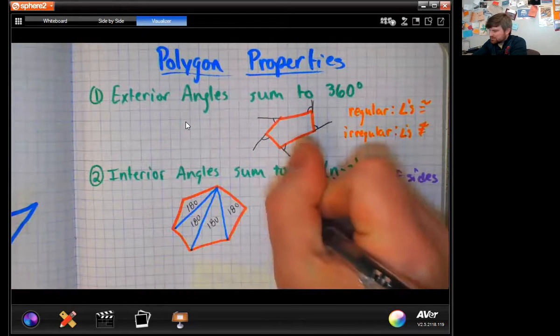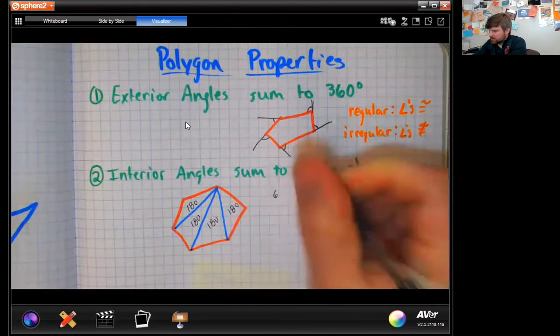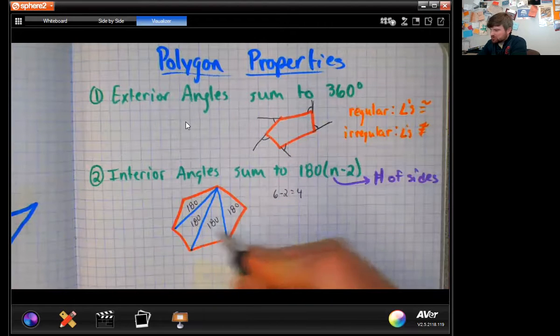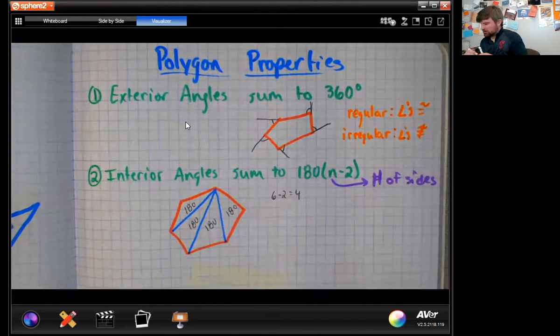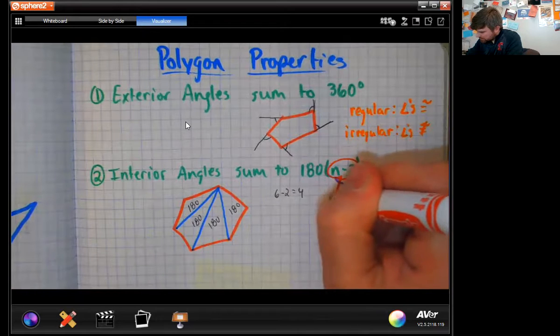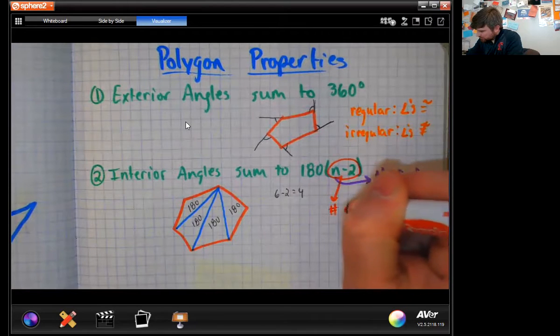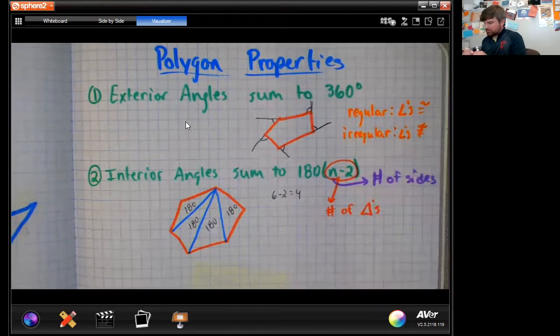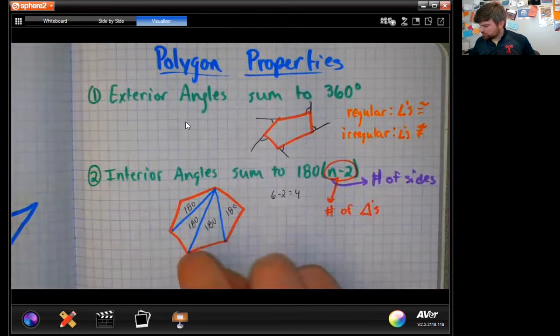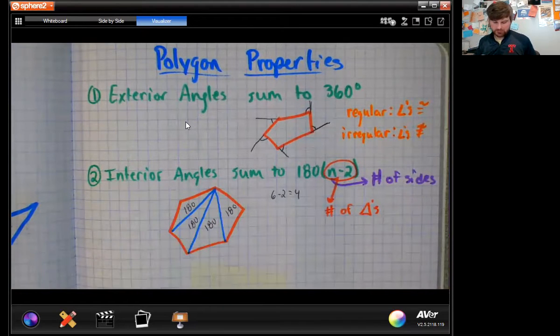So if I take the 6 sides and subtract 2, I get 4. And 4 is the number of triangles. So n minus 2 is the number of triangles. Then you just take the number of triangles you can make and multiply it by 180. And if you want each individual angle, you just divide by how many angles there are. And we can only do that with regular.